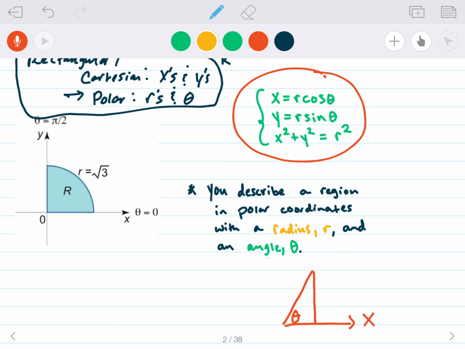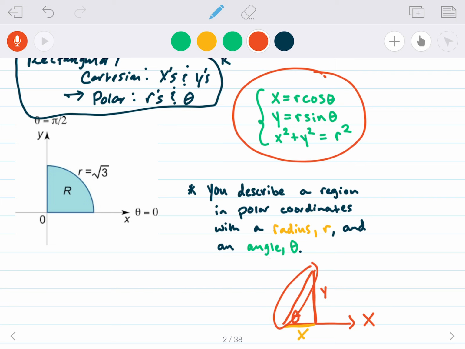We have our x component, so how much we're going horizontally right here. We have our y component, which is our vertical component of the triangle right here. And we know that the cosine of an angle is the adjacent over the hypotenuse.